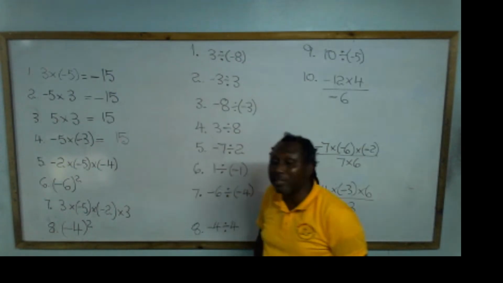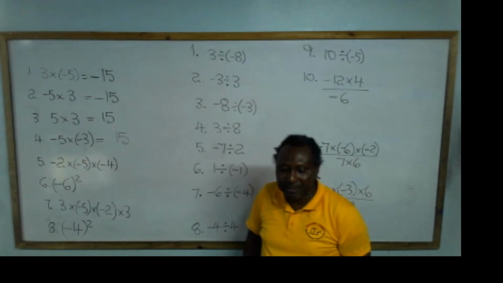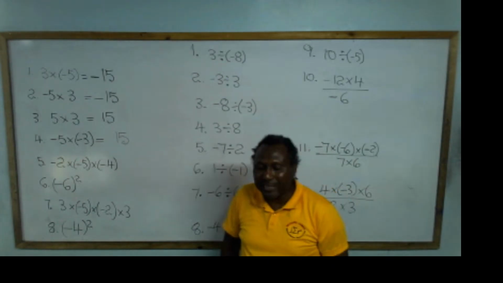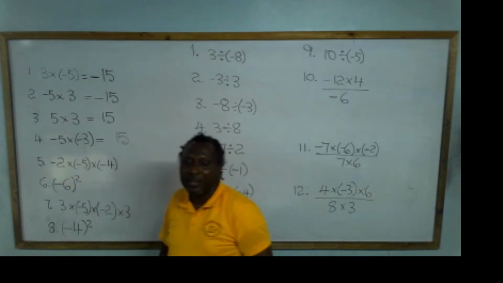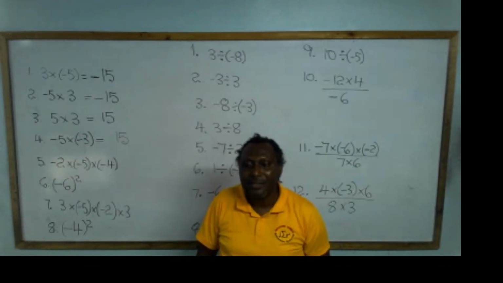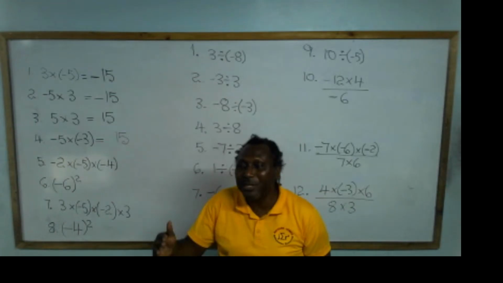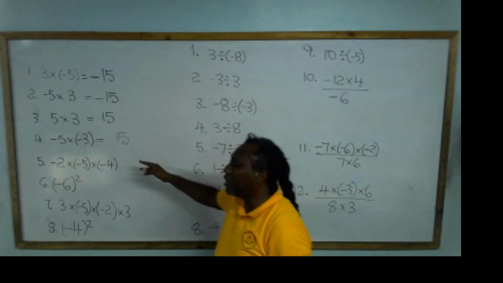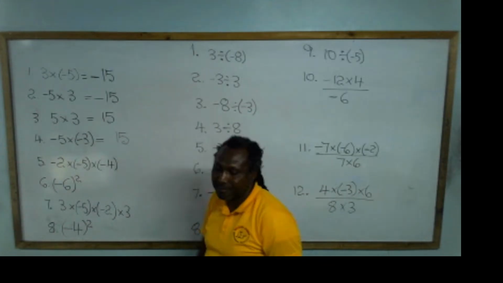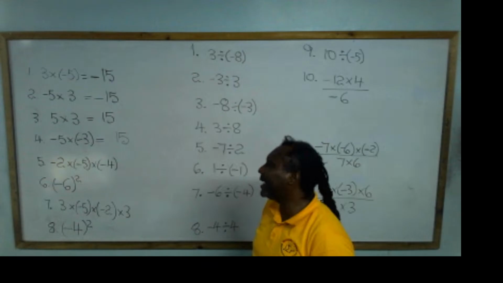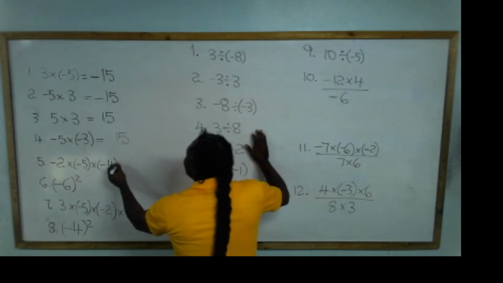Alright. We count the number of negative signs. So let us count the number of negative signs. 1, 2, 3. 3 is an odd number. The answer is going to be negative. So if we have an odd number of negative signs, the answer is going to be negative.